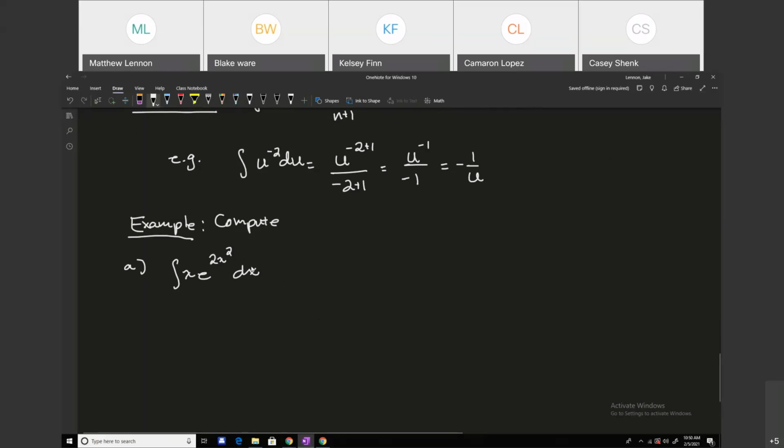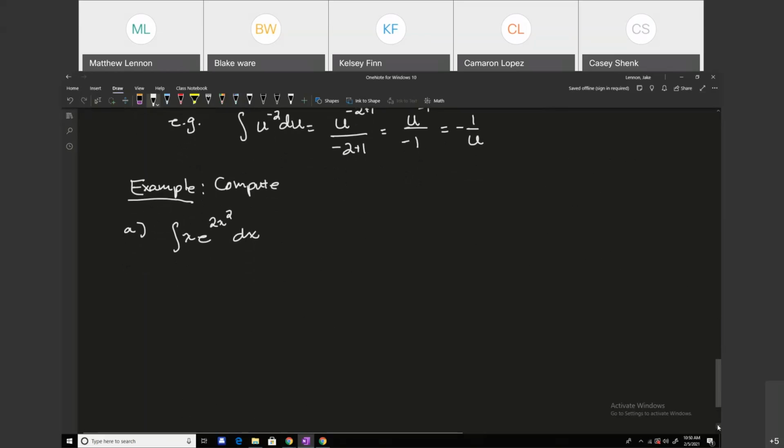And again, a lot of times when you have these exponentials, you want to look at the exponent to be the candidate for u, because we know how to integrate e to the x very easily. So for this one, let u be 2x squared. So du will be 4x dx, or du over 4x equals dx.